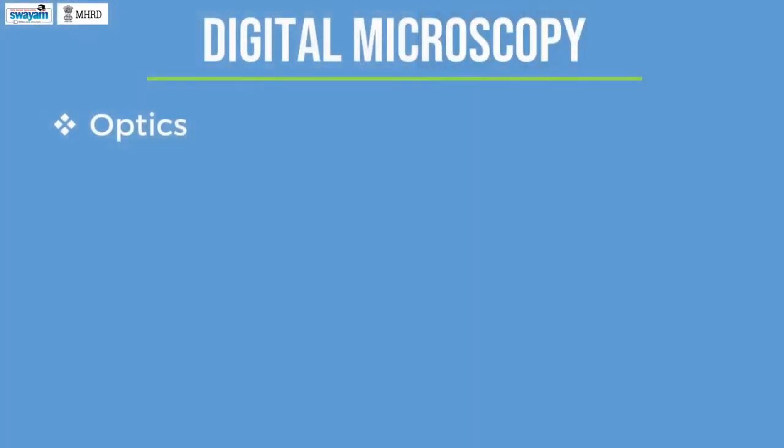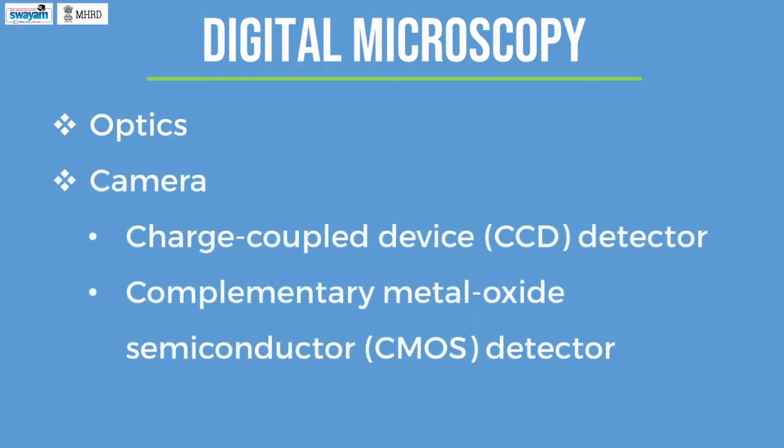A typical digital microscope consists of optics, a camera designed based on a charge coupled device detector or complementary metal oxide semiconductor detector, which is also referred to as CMOS detector, and a computer with appropriate interface software. The CCD and CMOS camera detectors have small silicon chips, typically centimeter size, and these are divided into millions of tiny picture elements, referred to as pixels.